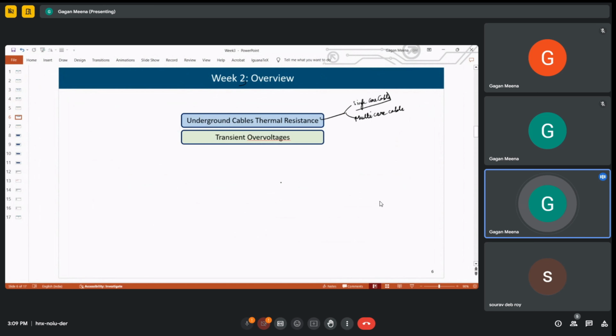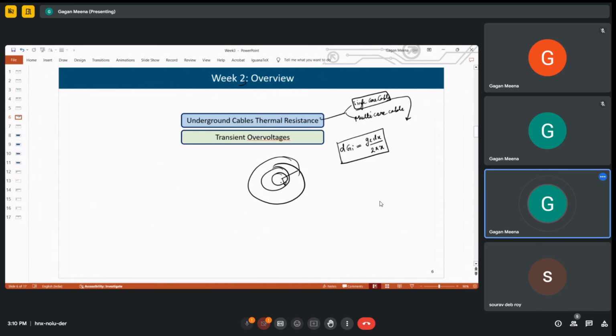So for this, a formula was given, and the formula is similar to what we use for calculating the insulation resistance of the underground cable. So here dGI is given as GL into dx divided by 2 pi x. Considering the cable, where this is the core, then we have insulation, the outer radius.